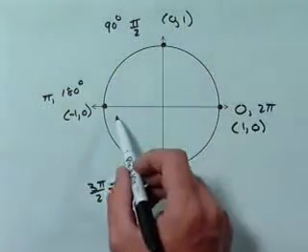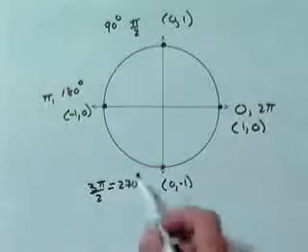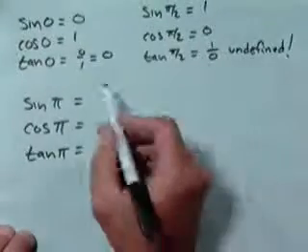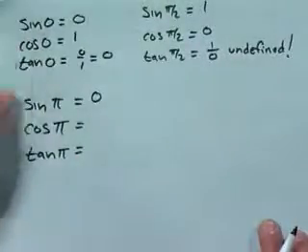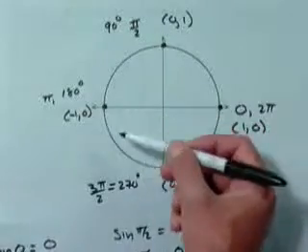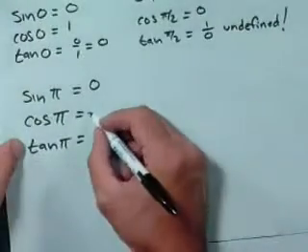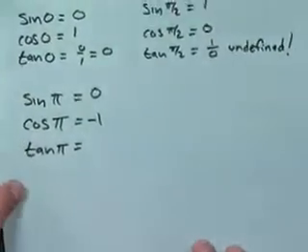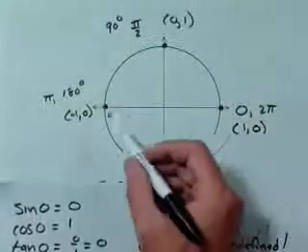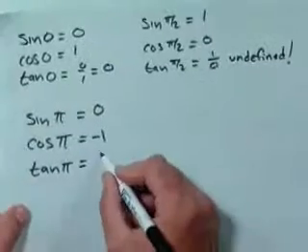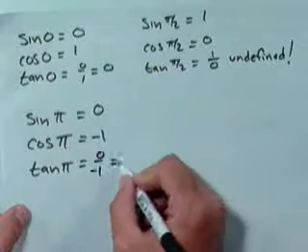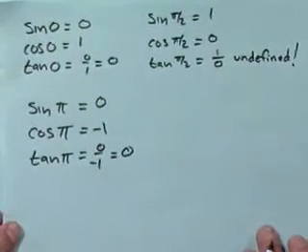Again, the sine of an angle, if we're on the unit circle, is the y coordinate. So the sine of pi is 0. The cosine, that's the x coordinate, -1. And the tangent of pi, that's the y coordinate over the x coordinate, which is 0. Okay?